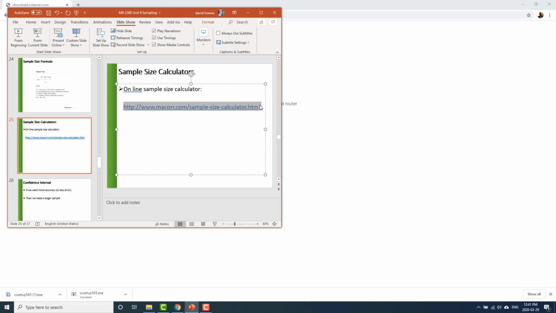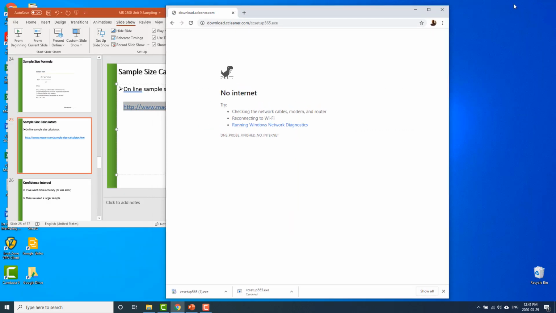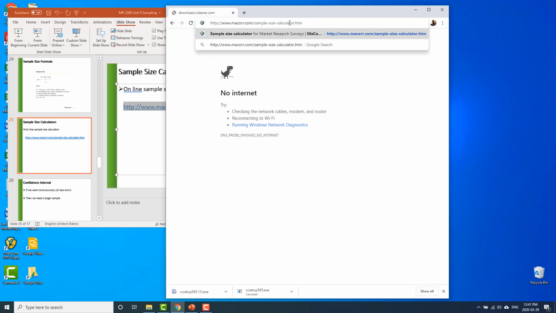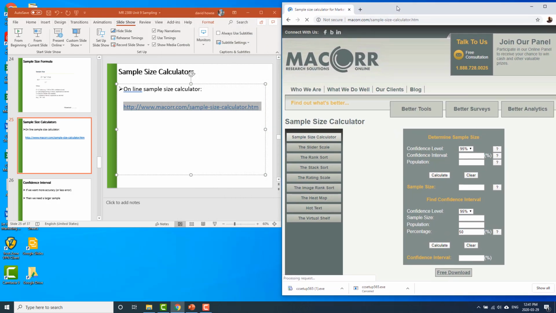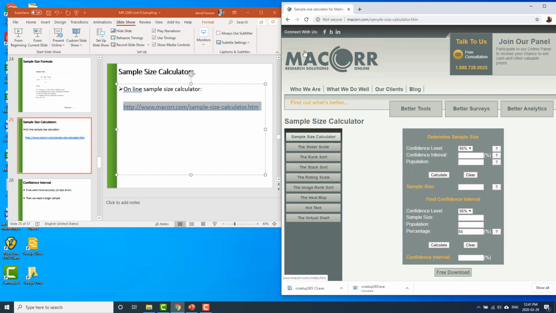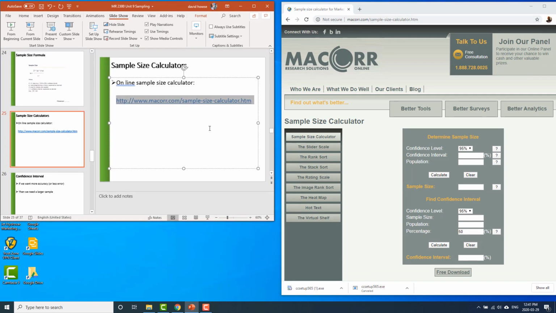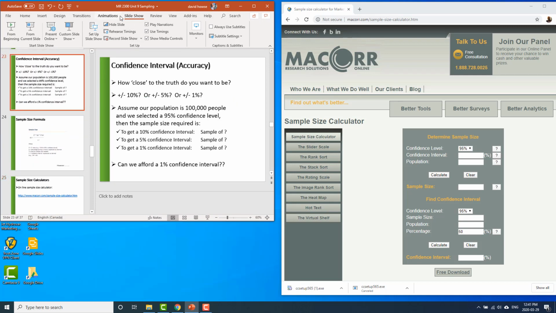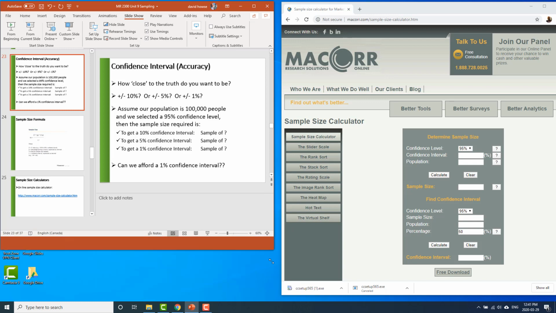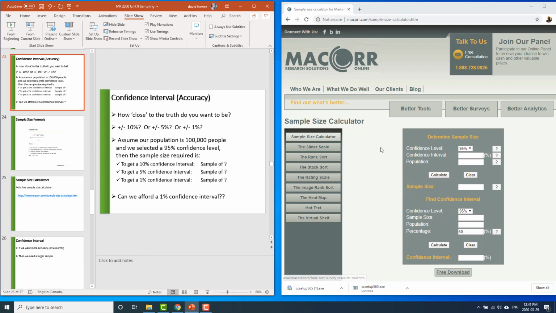Let's go to this link. Okay, here is our sample size calculator. And back to here. So looking over at the sample size calculator.